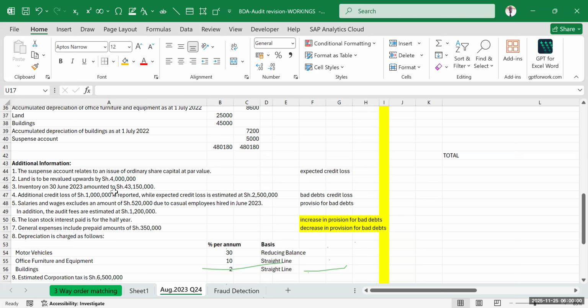I see responses there. Let me go through them, which is very good. All right. Debit land, credit revaluation reserve. Admin is saying revaluation and credit. We credit revaluation. Okay.